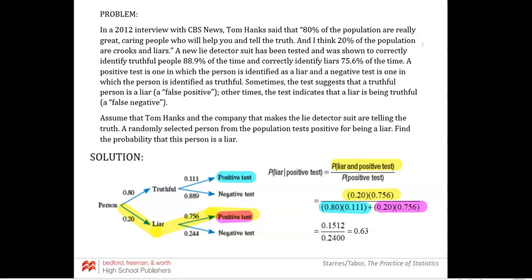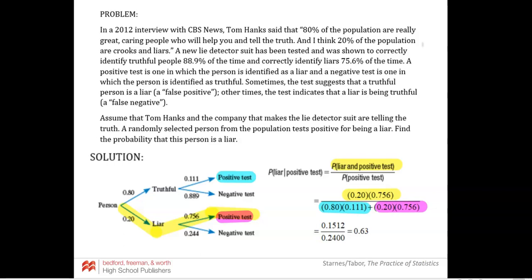We added up those 2 things, and that would be our denominator, right? So we do 0.8 times 0.111 and 0.2 times 0.756. The denominator is 0.240 there, but we want the probability that the person is a liar and has a positive test.